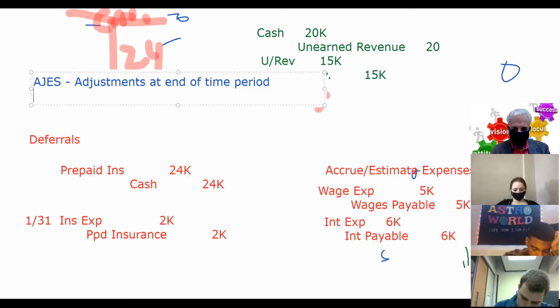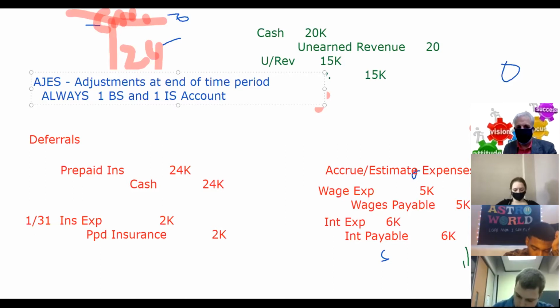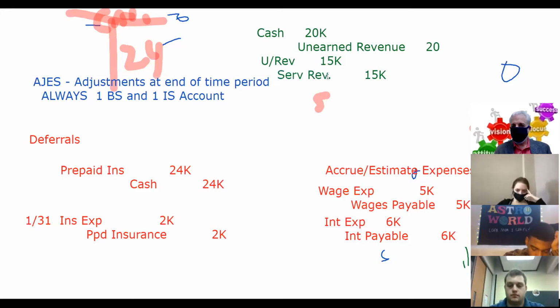One is always one balance sheet and one income statement account. Notice I've got my expense and my prepaid insurance. Prepaid insurance is an asset, insurance expense is the income statement. I got my wage expense and wage payable. Again, one's on the income statement, one liability in the balance sheet. Interest expense, interest payable. Unearned revenue and service revenue. Service revenue is on the income statement, unearned revenue is on the balance sheet.